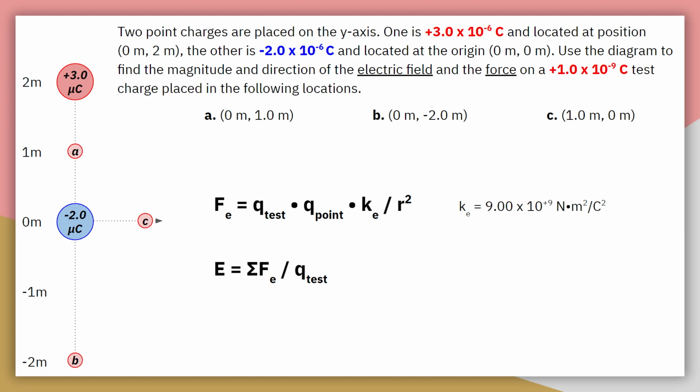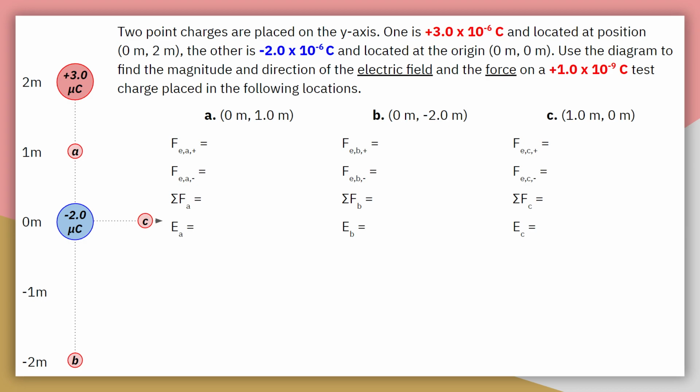Because there are 2 point charges, each of those test charges at those 3 locations will have 2 force vectors from the electric force. That means we're going to actually need to end up adding them together to find the net electric force acting on the test charge at each of those 3 locations. So when we calculate the electric field, that's why it's going to be the sum of all of the electric forces divided by the test charge's charge.